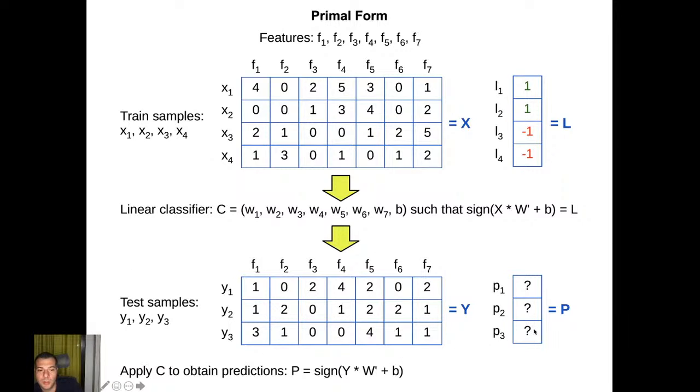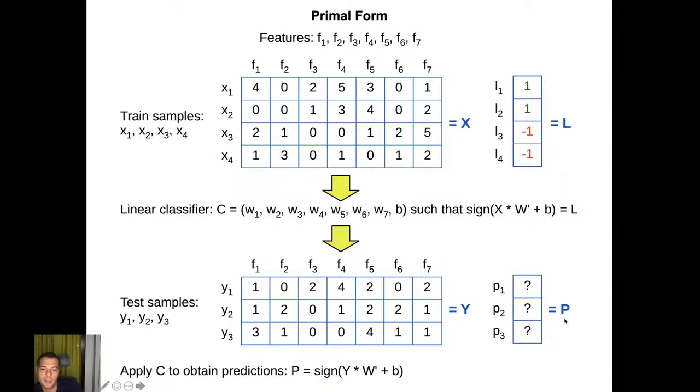Then we go to the evaluation part, or the inference part, where we want to apply the model. When we apply the model, we have some test samples denoted by Y. So we have 3 test samples. The test samples have the same number of features as the training samples, and these are denoted by the matrix Y, and they have some unknown labels that we want to predict.